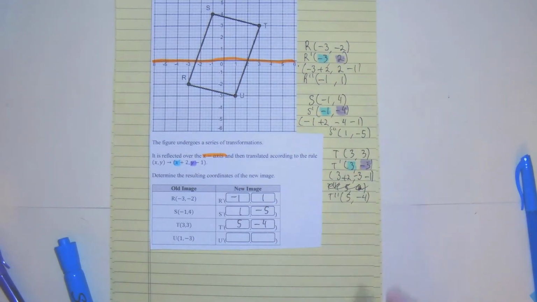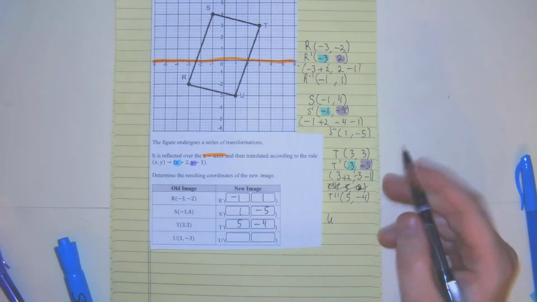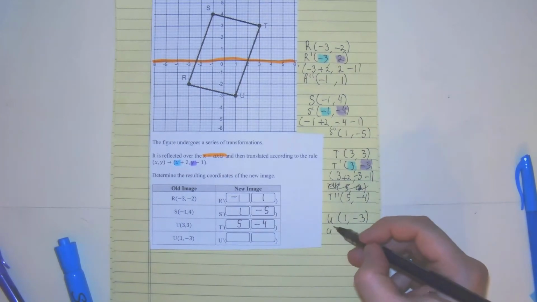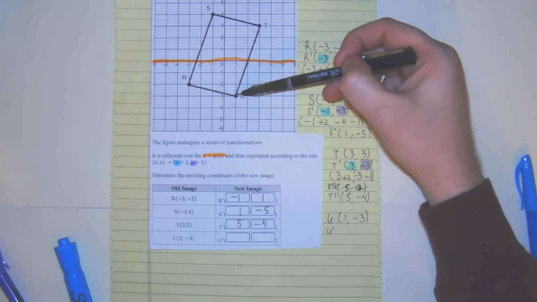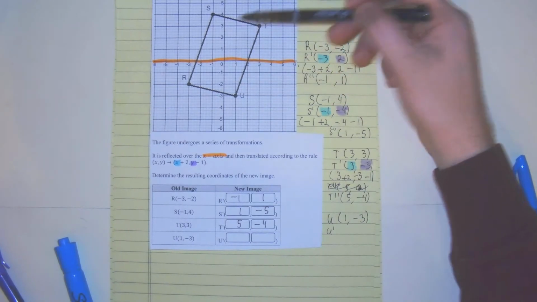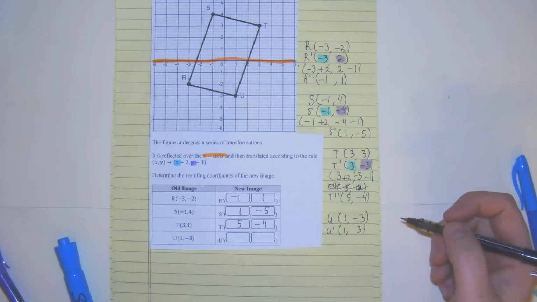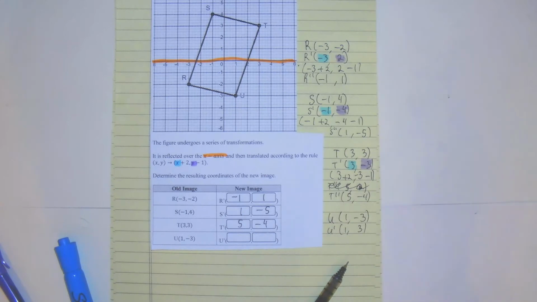And last but not least, we're at U. U is located at (1, -3). That means U prime, I'm going to jump over that line again, it's at 3, so 1's going to be at +3. So we're at (1, 3). And then we're going to use this formula as we've been using.